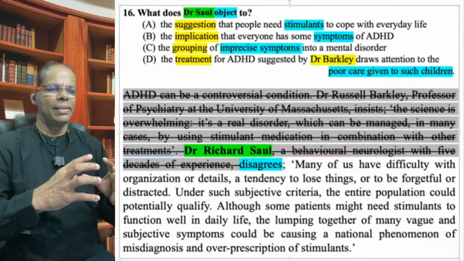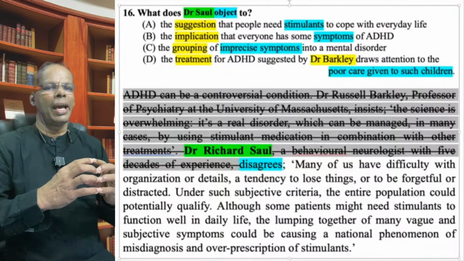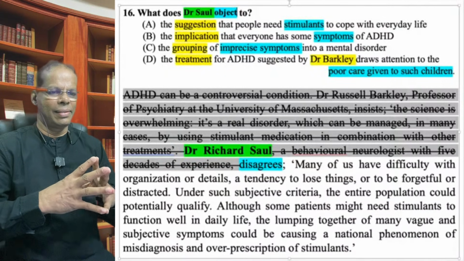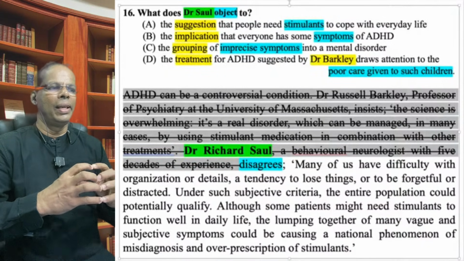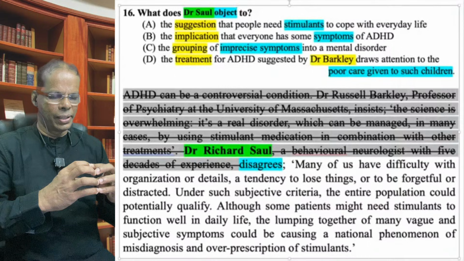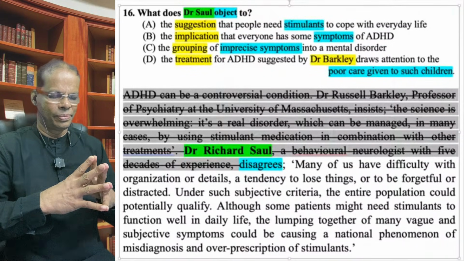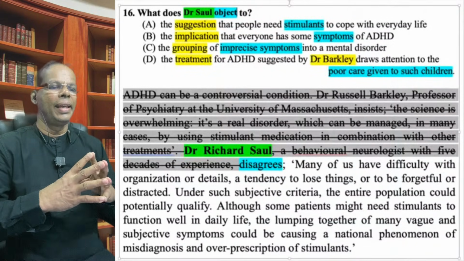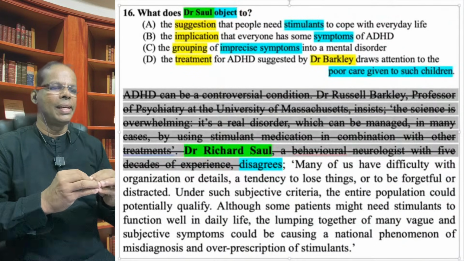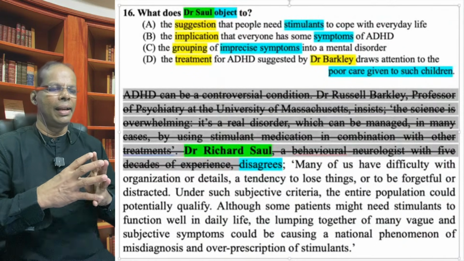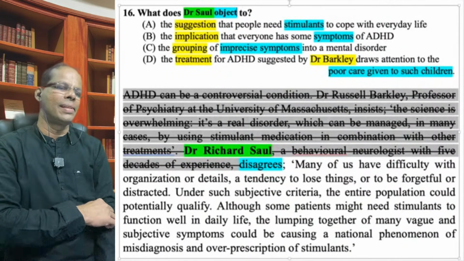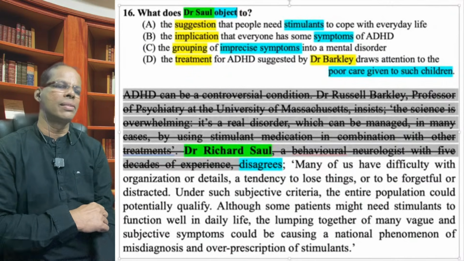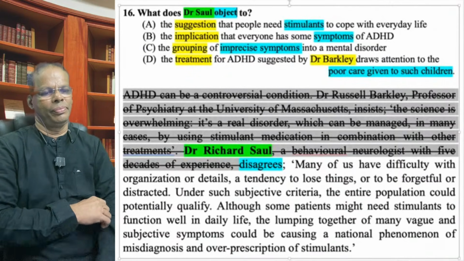Now, after the name, if you have a complex sentence, where will the answer normally be? In the independent clause. Check whether there is a complex sentence after the name. Dr. Richard Saul disagrees.